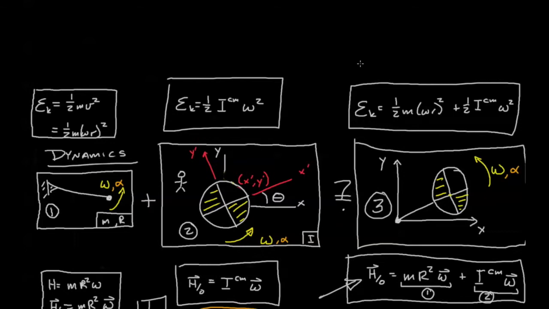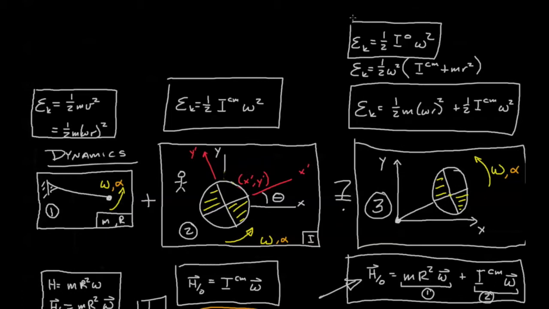And if we wanted to be savvy about this, we'd factor out the 1/2 omega squared, and we'd be left with the polar moment at the center of mass plus m r squared, which should look very familiar to you using the parallel axis theorem. We could also rewrite this as the kinetic energy is 1/2 I_o omega squared. So we see the parallel axis theorem also in full use for our kinetic energy.